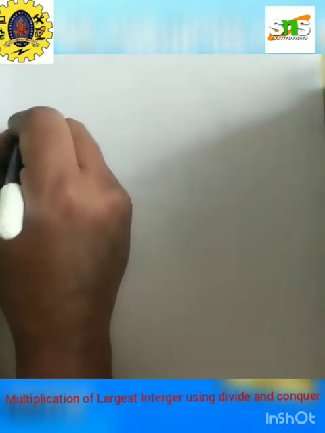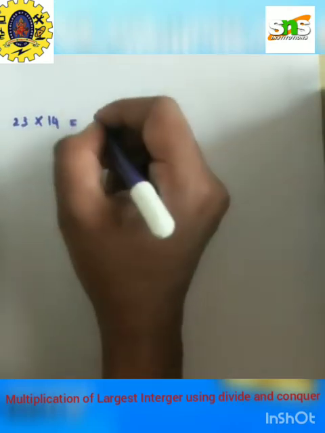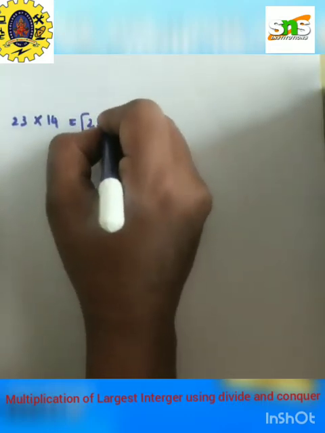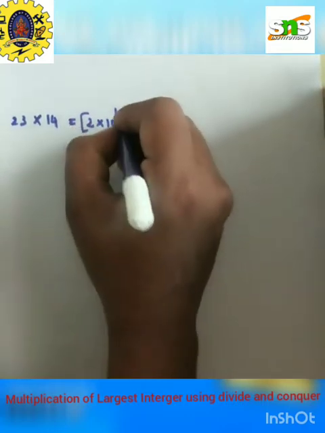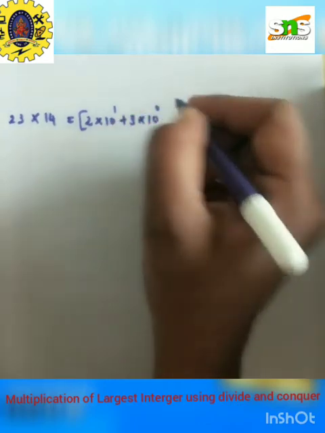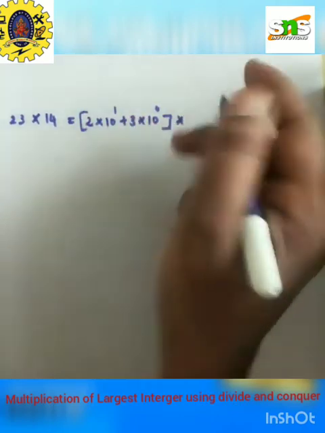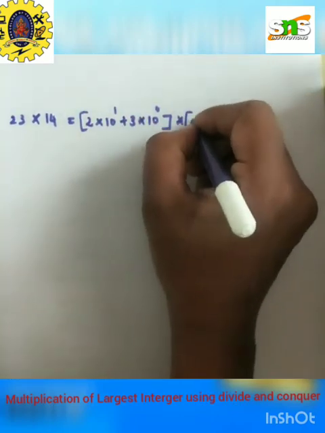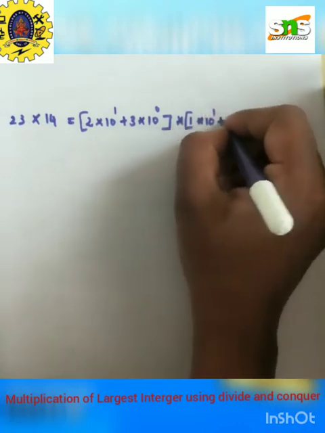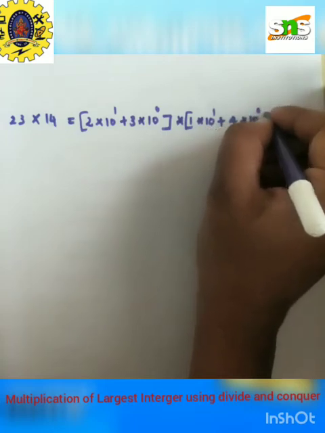So 23 into 14 is equal to 2 star 10 power 1 plus 3 star 10 power 0, star, this is 23, and 1 star 10 power 1 plus 4 star 10 power 0.